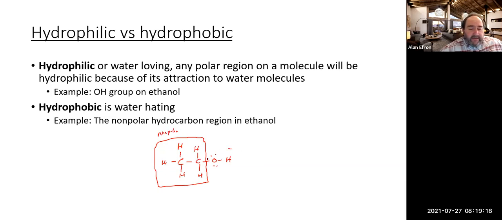But it does contain this bond up in front, which is an OH bond, and that definitely is a polar bond. The oxygen is more negative, the hydrogen more partially positive in this particular case.